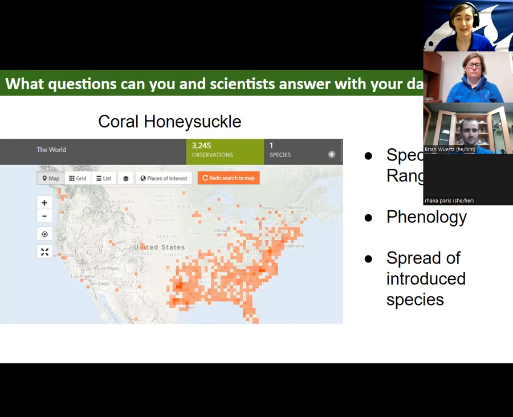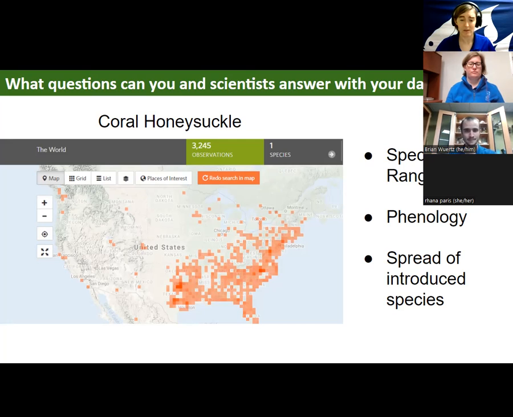One of the easiest things that iNaturalist data can help with for research is understanding species ranges and how they are changing over time. iNaturalist is a really good way, especially for wildlife managers and for people who manage preserved lands like state and national parks, to understand which animals and plants are currently living in the places that they are in charge of, so they know how to protect that biodiversity and how best to manage the lands they're in charge of to preserve the biodiversity they do have.